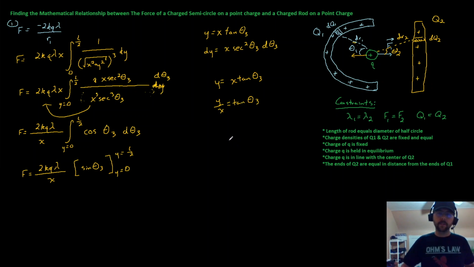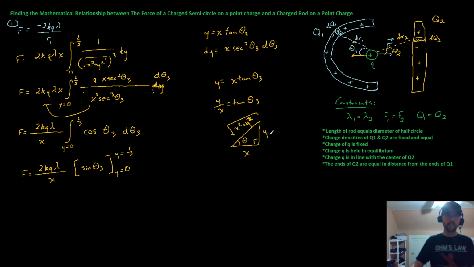Now I can create a triangle and call whatever I want theta. So y is going to be the opposite side due to the definition of tangent. X is going to be the adjacent side, which leaves the hypotenuse to be square root of x squared plus y squared. It should always end up being the same as the thing when you substitute it in, which is square root of x squared plus y squared. That should always end up in here.